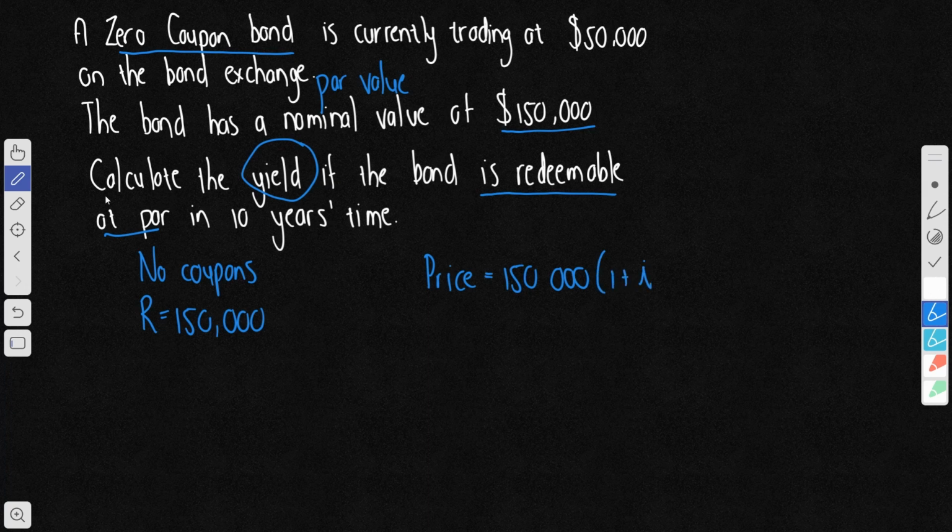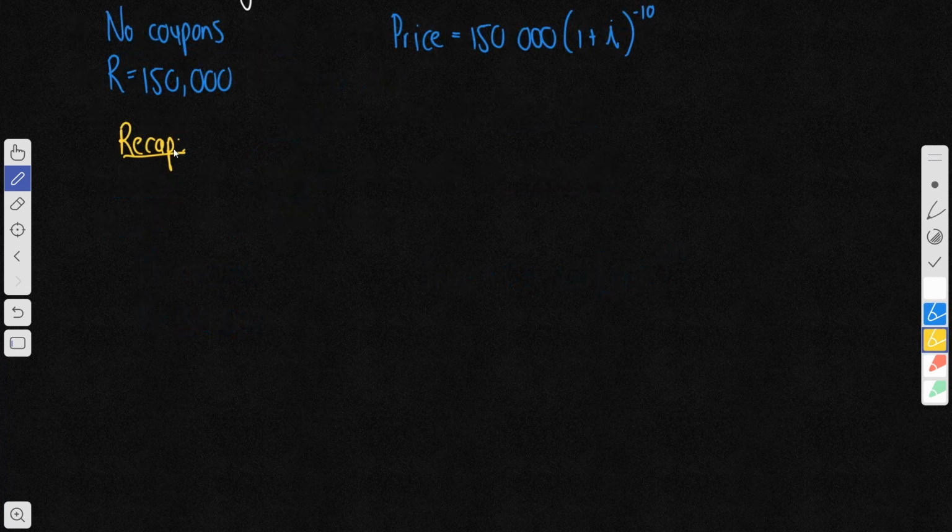Remember, the yield is unknown because we have to calculate it, and we need to know the term of the bond, which is 10 years, so that will be to the power minus 10. All we need to do is to solve for i.